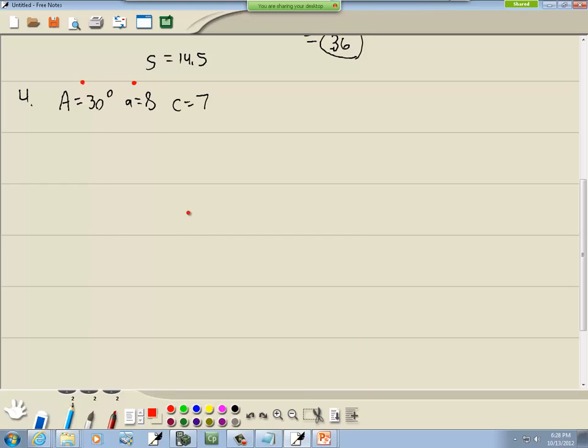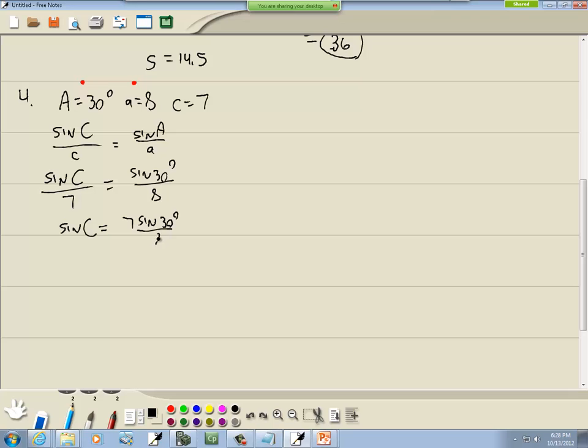Here's an A and here's an A. So we've got a pair of A's, and we can find angle C. Sine C over side C is equal to sine A over side A. So sine C over 7 equals sine of 30 degrees over 8. Multiply both sides by 7, so sine of angle C is equal to 7 sine of 30 degrees over 8.